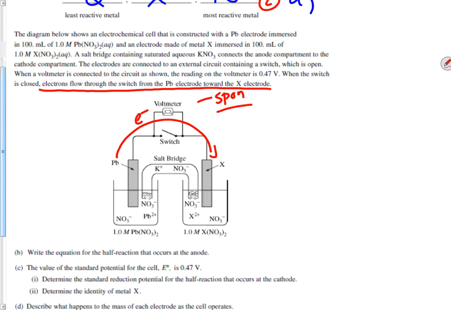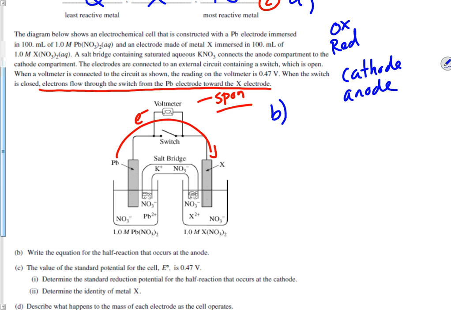Again, I need to talk for a good 6 or 7 minutes yet, so we'll see a couple of these problems. B. Write the equation for the half reaction that occurs at the anode. All right, we're going to be practicing this a lot in the next week. But there's a cathode and an anode. You have to remember what happens there. You got oxidation and you got reduction.